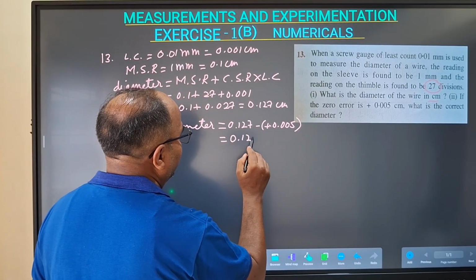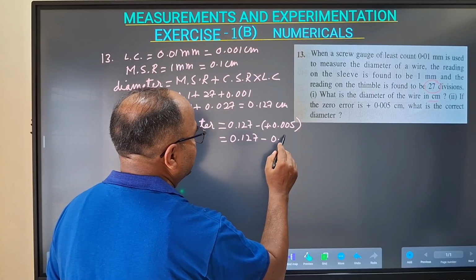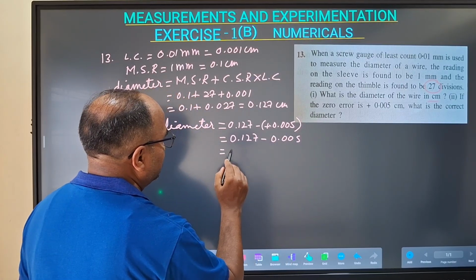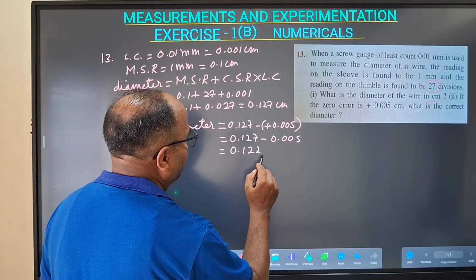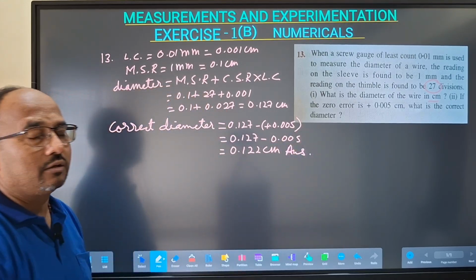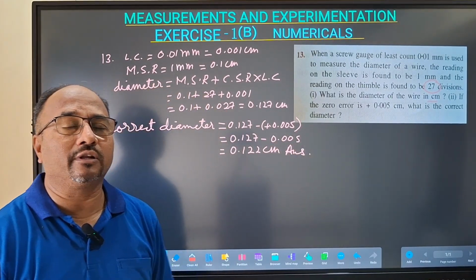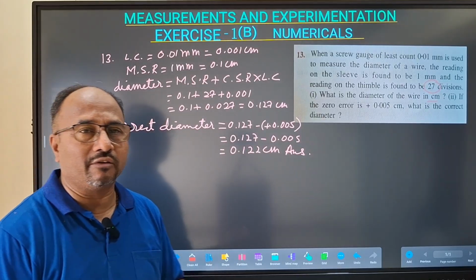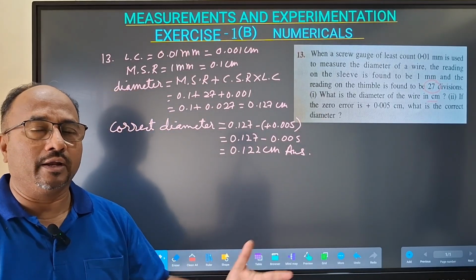So 0.127 minus 0.005. So subtract it, you get 0.122 centimeter. This is your answer. Okay, so it was a very direct numerical where most of the information was given. Just put it in the formula and get it done.